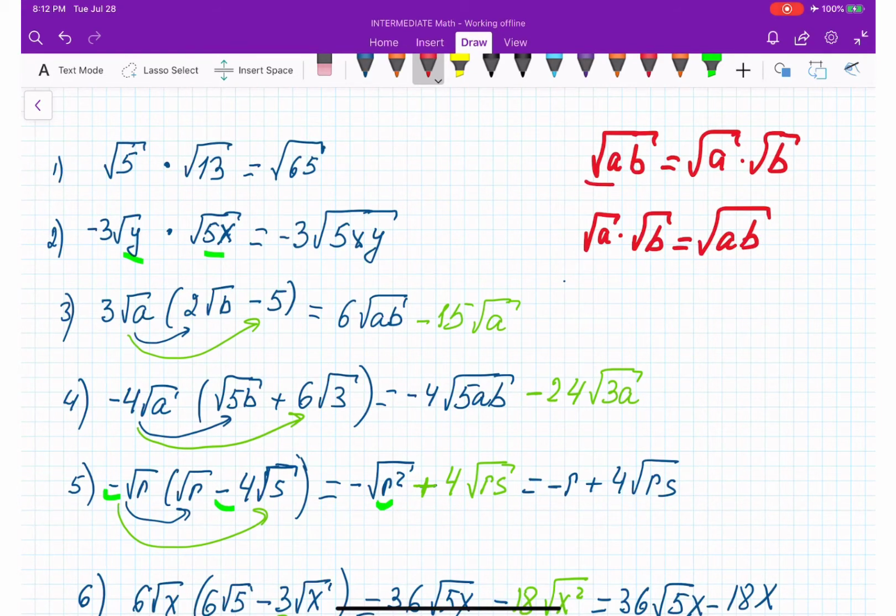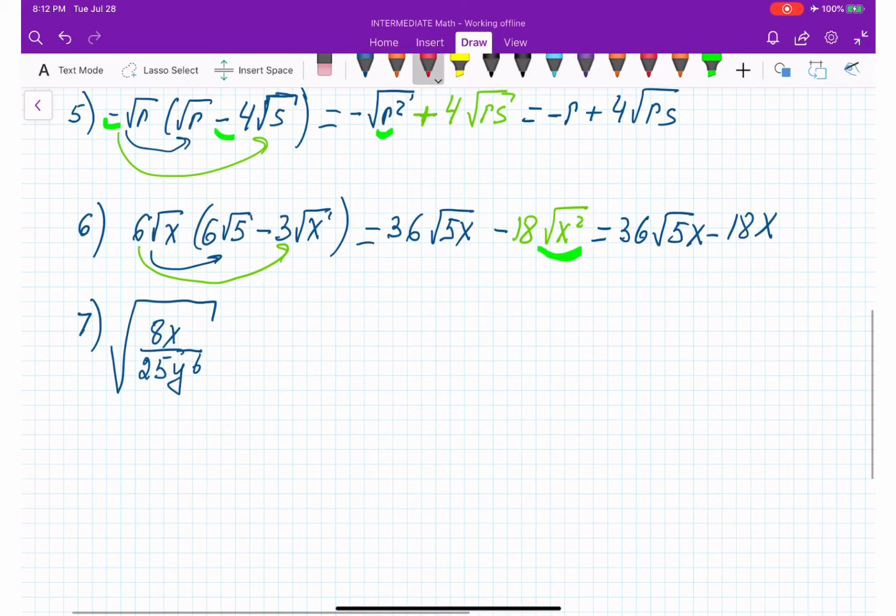Now let's put division. Square root of a over b is equal to square root a divided by square root b. Okay, so you can separate the radicals. This is going to be square root of 8x over square root of 25y to the power 6.